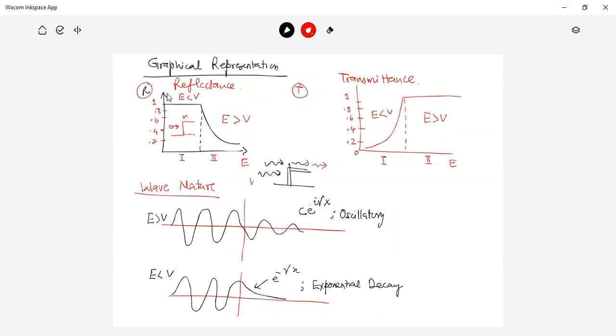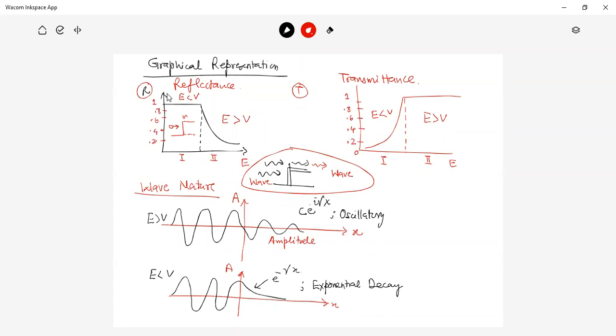So here it is a wave, and this remains a wave. The only difference is the amplitude. This is x, and this is the amplitude A. So this is decreasing.